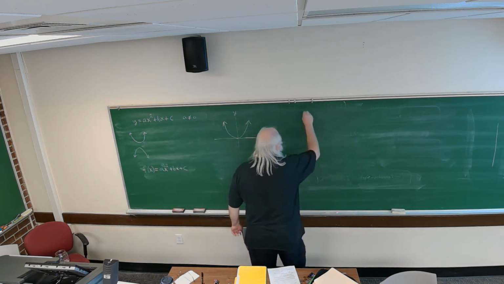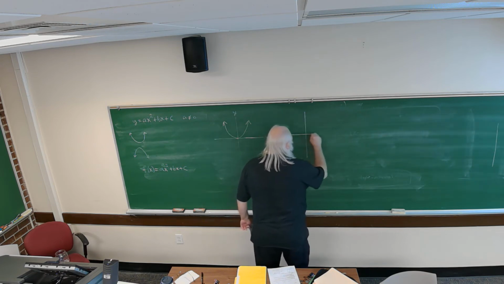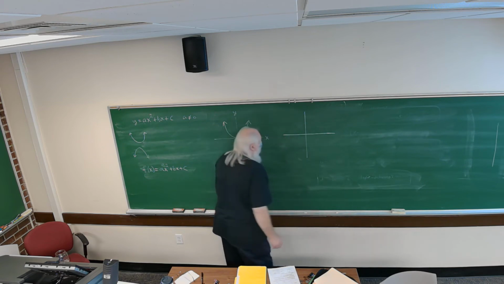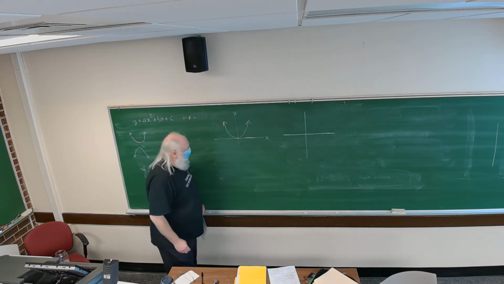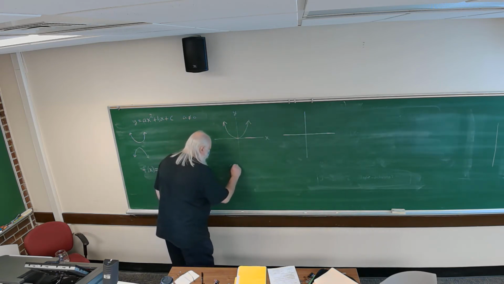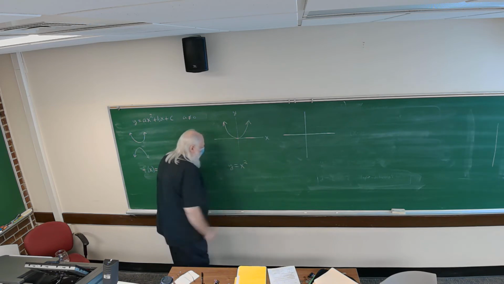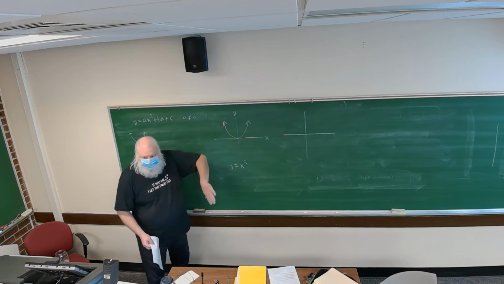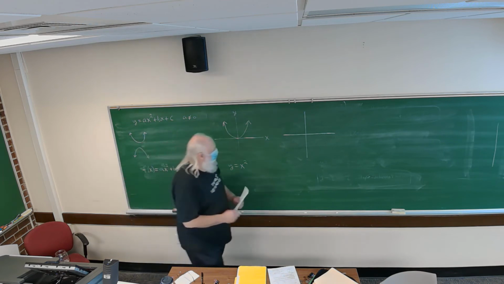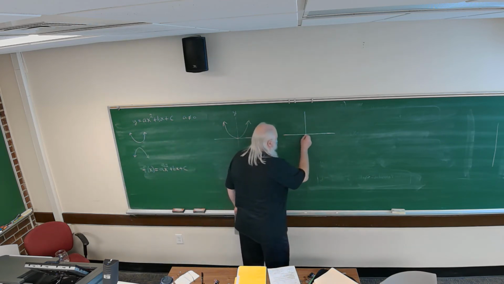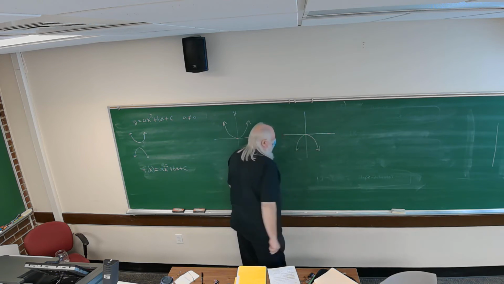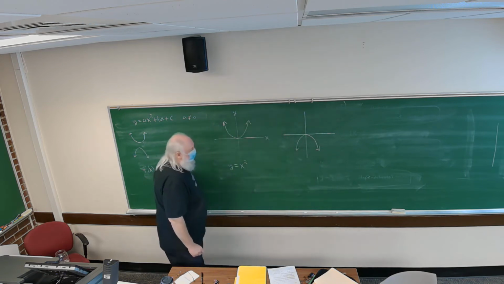In B, we've got the graph y equals minus x squared. And you know when you put a minus sign, this is y equals x squared. So when you take the negative of the right-hand side, that flips the graph over the x-axis. And so the graph in B now goes down instead of up.